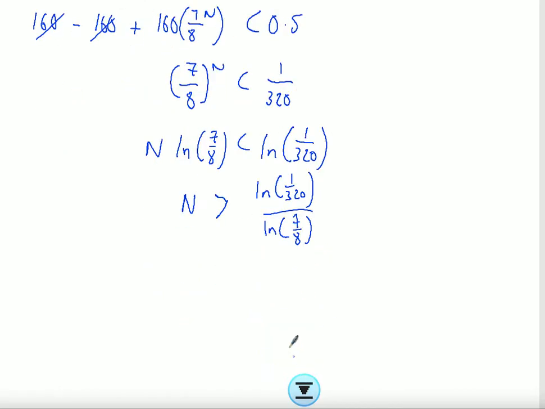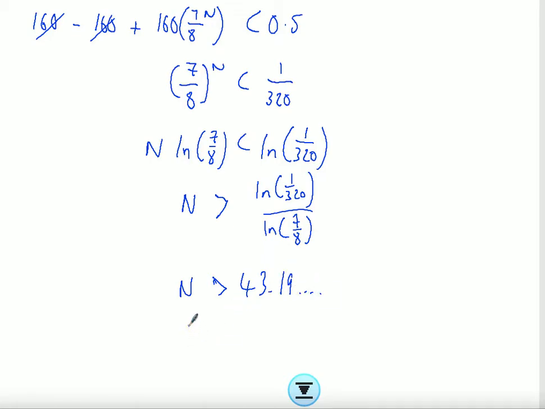So let me just type that into my calculator. So I'm going to do ln 1 over 320 divided by that. So n is greater than 43.19 and so on.